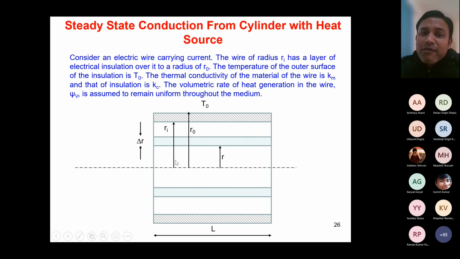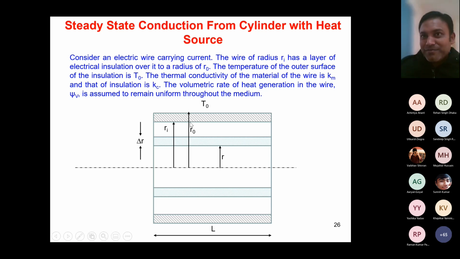Our metal wire is only up to Ri, and we are interested in the boundary condition at Ri because we are solving this equation only for the metal wire so far. But the temperature at the interface of the insulation and the metal wire is not known, isn't it?